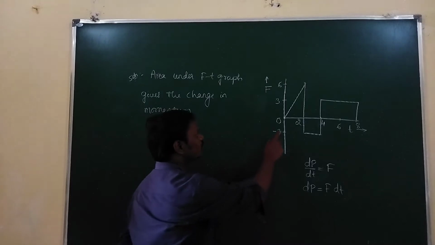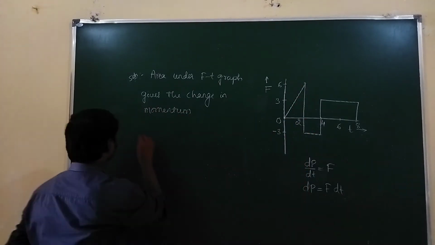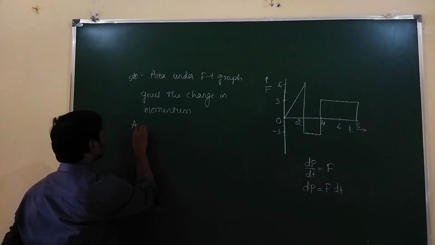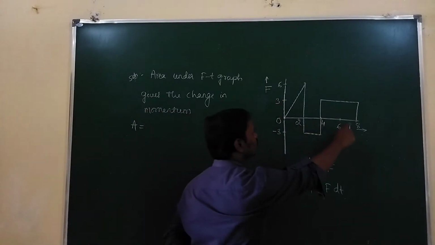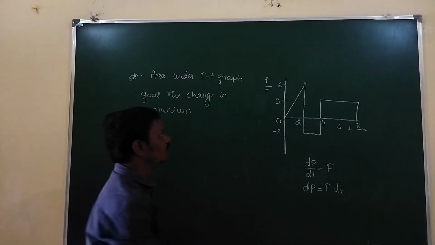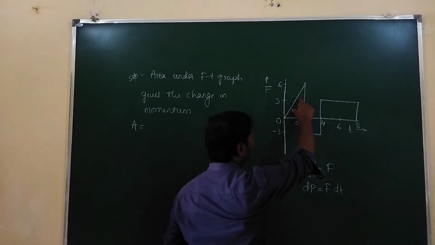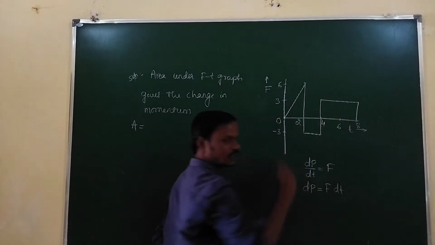So first area of this right angled triangle. So I will write A is equal to, A means here the area under force versus time graph over the time interval 0 to 8 seconds. So the area of the right angle triangle plus area of this rectangle and plus area of this rectangle.